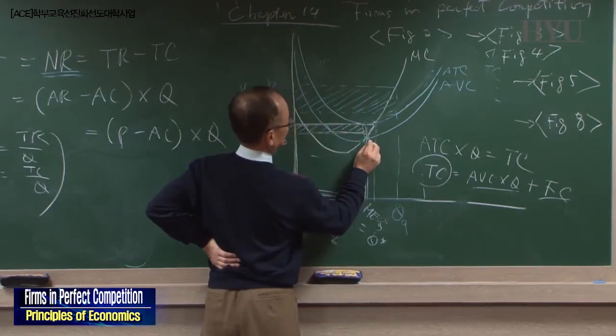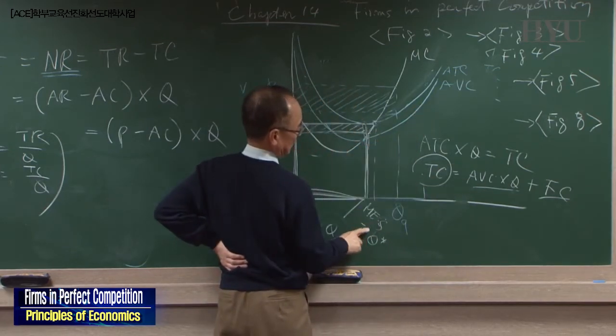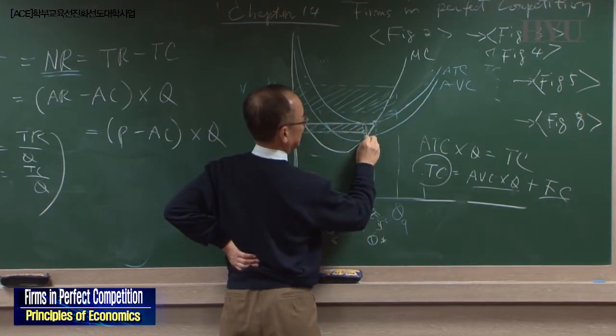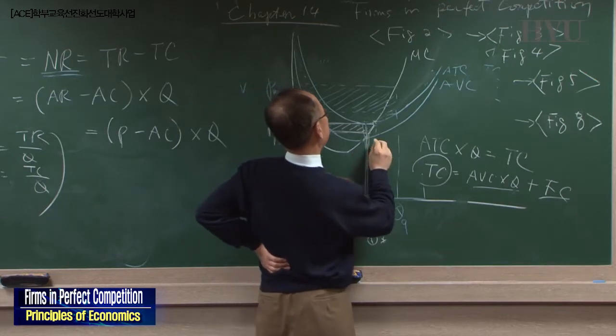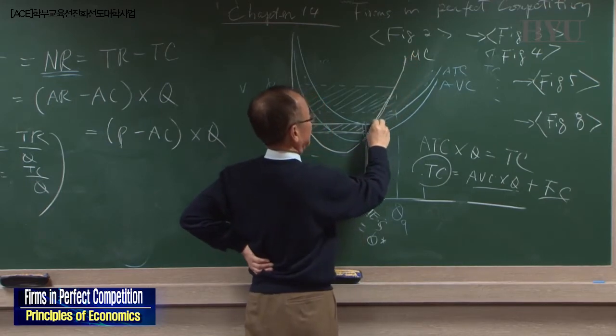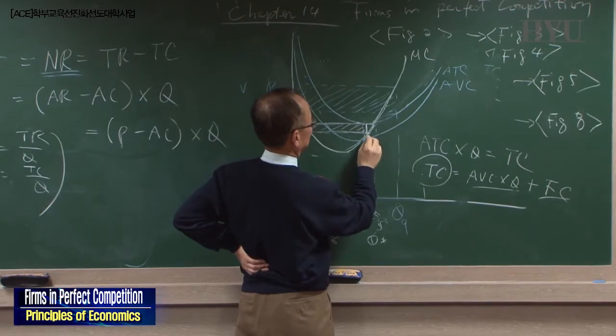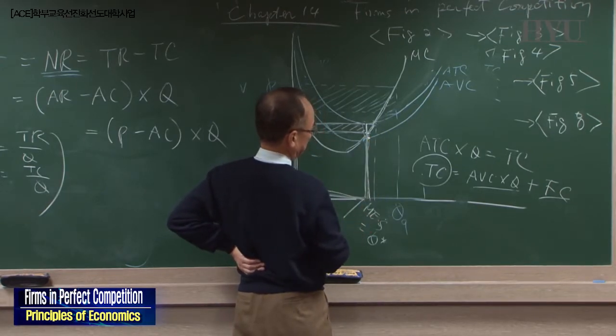Remember this one. Our decision is QB, so up to here. Our decision is, of course, defined on this MC curve. Then you draw a straight line here. We produce QB.